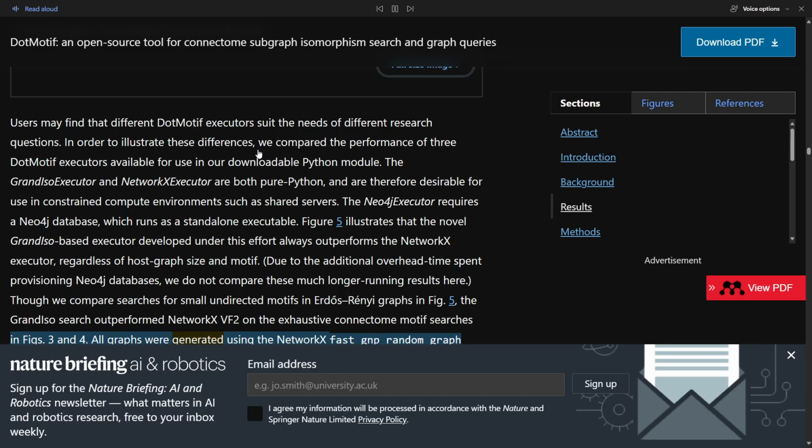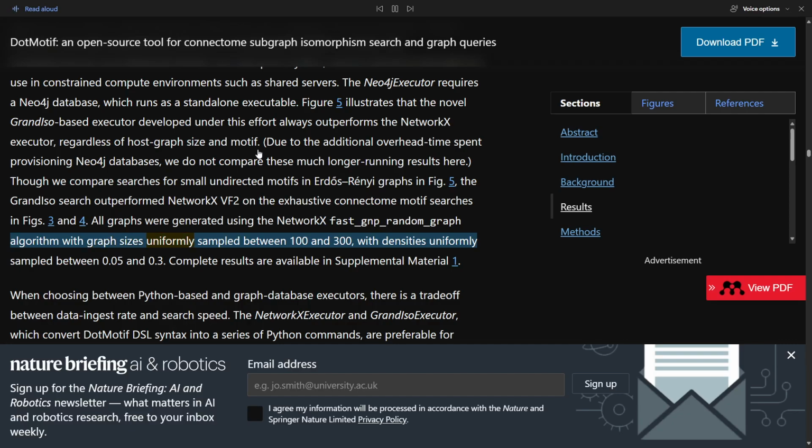All graphs were generated using the NetworkX fast_GNP_random_graph algorithm with graph sizes uniformly sampled between 100 and 300, with densities uniformly sampled between 0.05 and 0.3. Complete results are available in Supplemental Material 1.